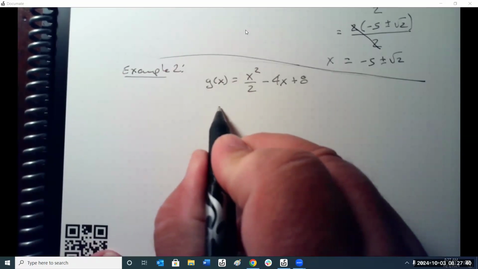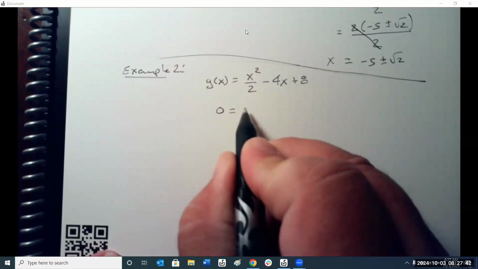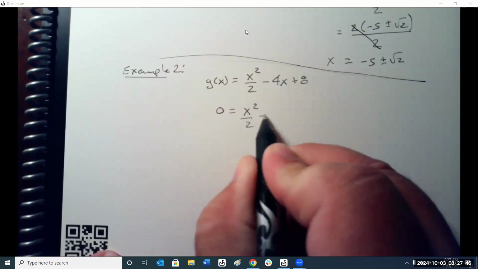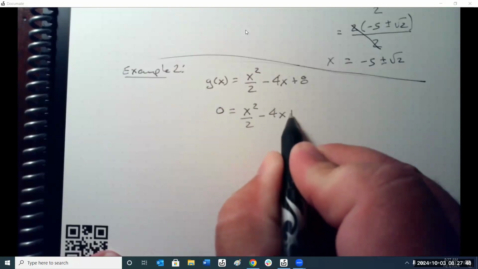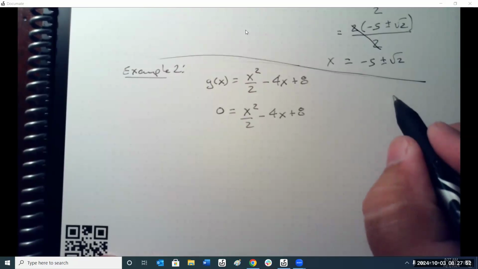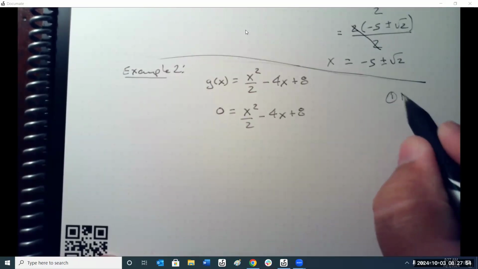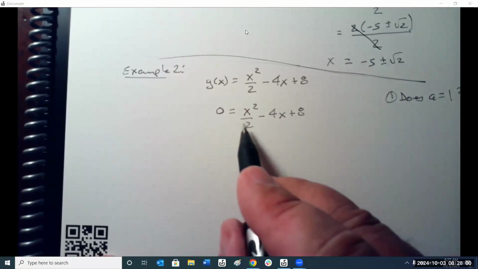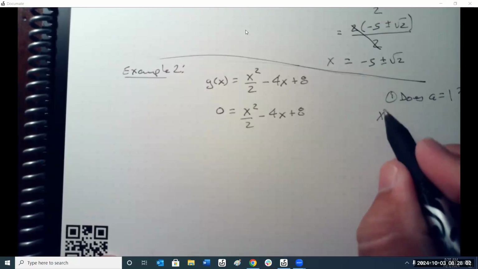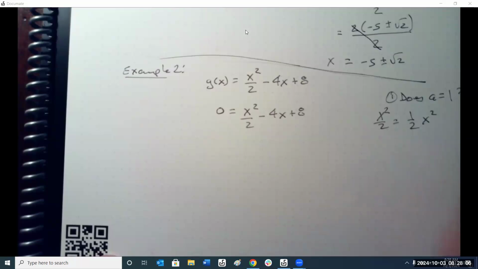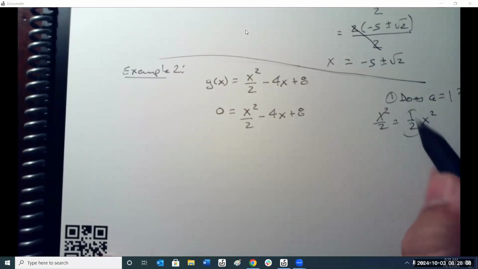First step, set it equal to 0. Is a equal to 1? No, because in this case, x squared over 2 is the same thing as 1/2 x squared. So a is 1/2.